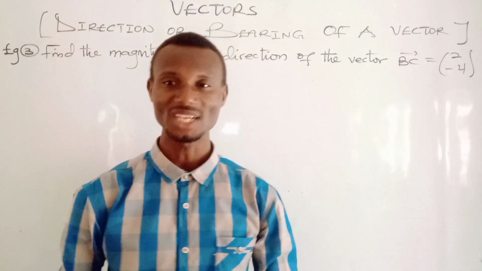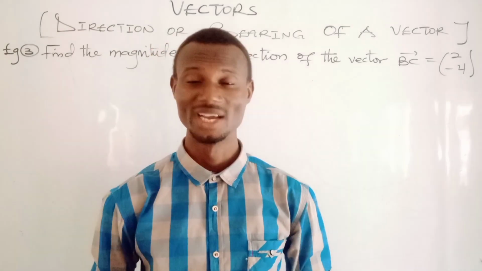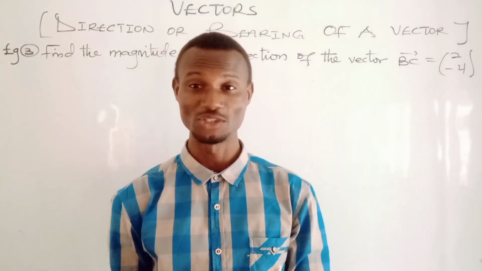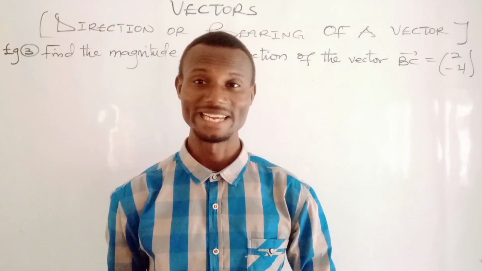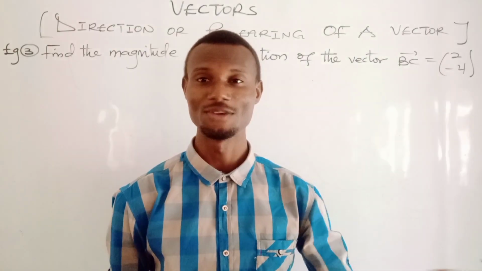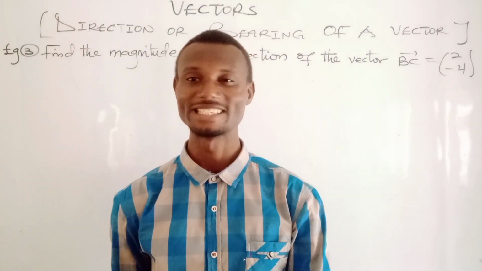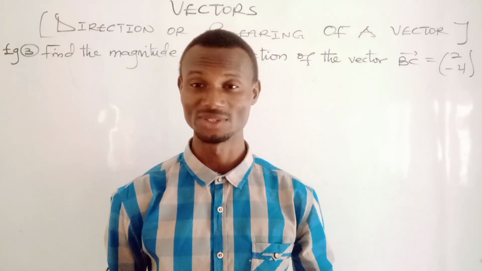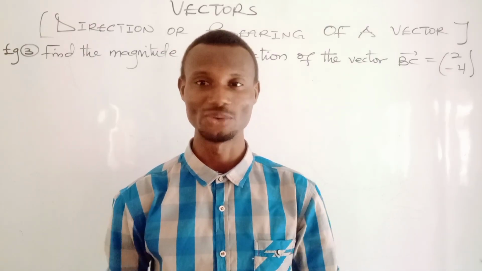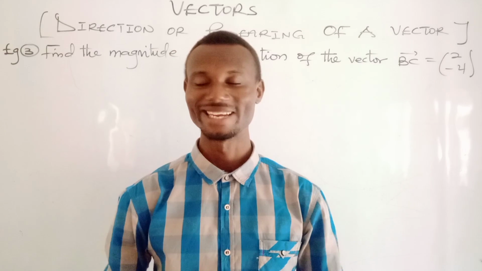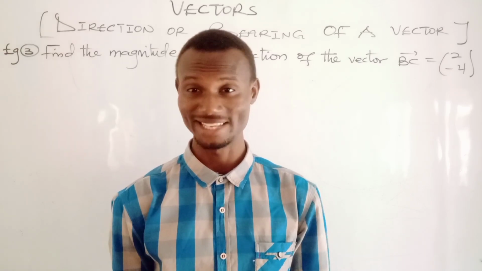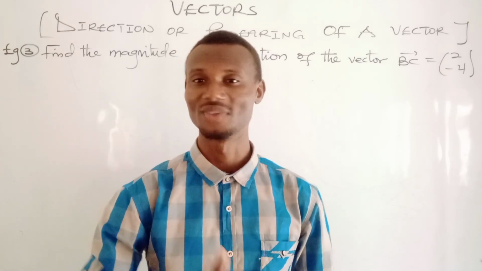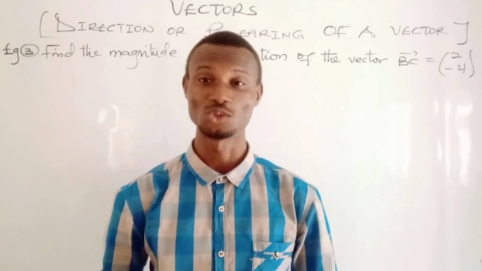I've already taught you how to find the magnitude of a given vector in the previous videos. We've already treated many subtopics on vectors in the previous videos, and one of the things that we looked at is how to find the magnitude of a given vector. So we are just going to apply that knowledge to solve the question.